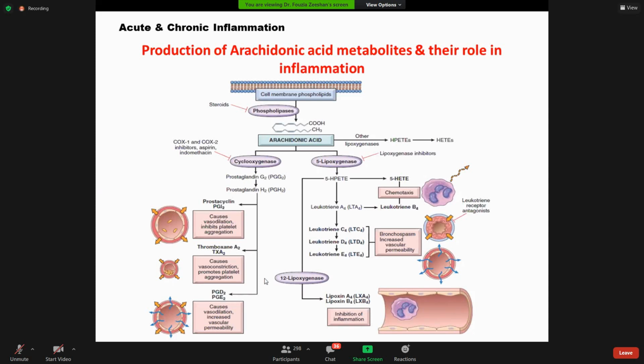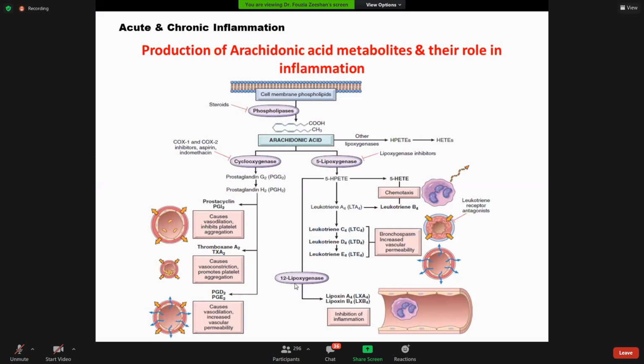We will have a question and answer session at the end of this lecture. Just concentrate on it. Another mechanism is 5-lipoxygenase. It is associated with chemotaxis, and it also has different types like A4, C4, D4, E4 that cause bronchospasm and increased vascular permeability.